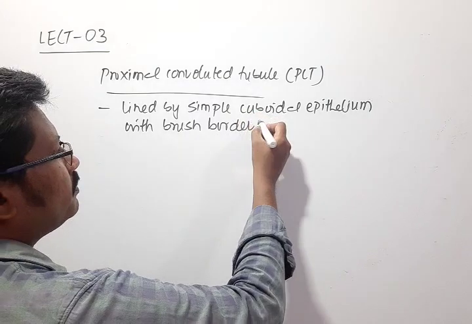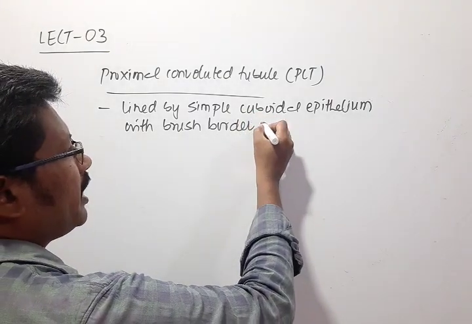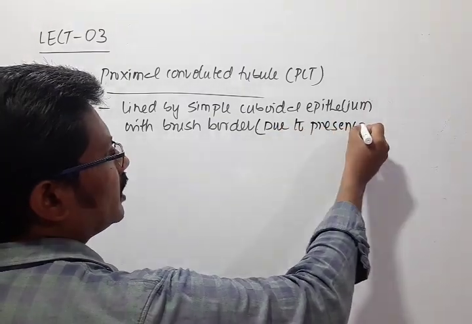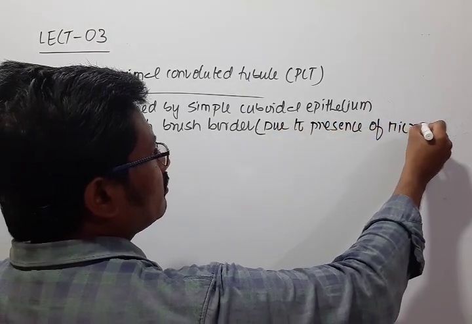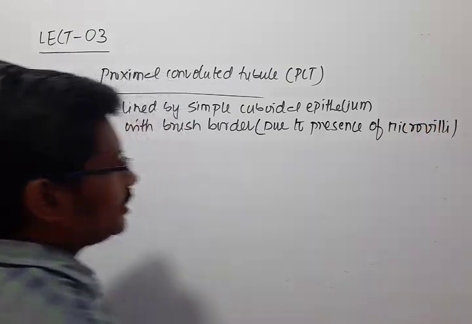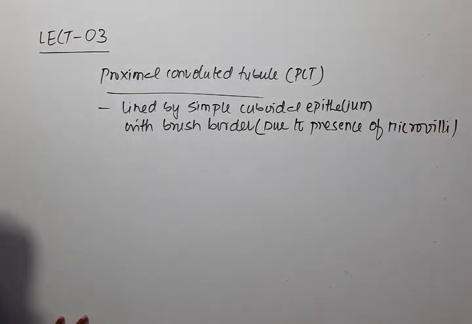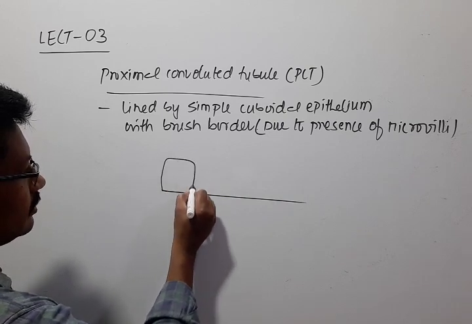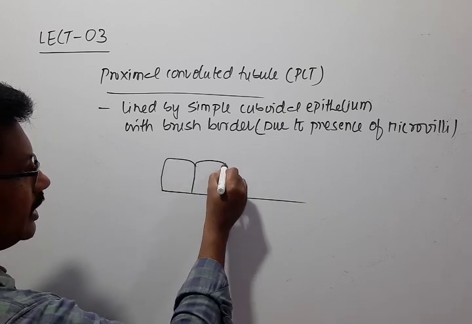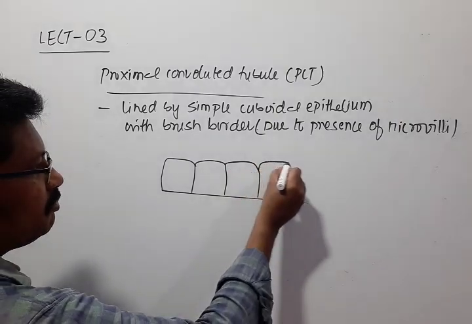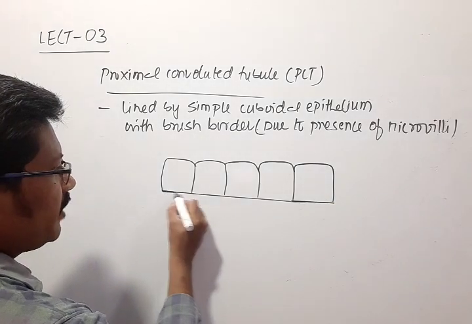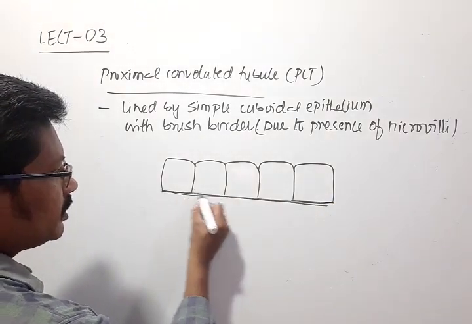The brush border is due to the presence of microvilli. We have seen what these microvilli are, which are also present in the small intestine. If you see the cuboidal cells, you will find them lining the PCT in this way. The PCT has an absorption function, so it reabsorbs a lot of material.